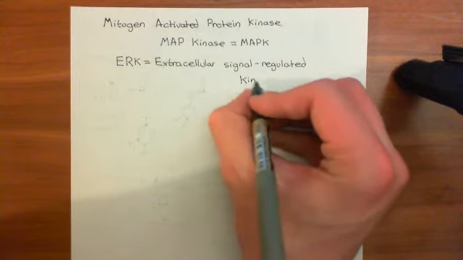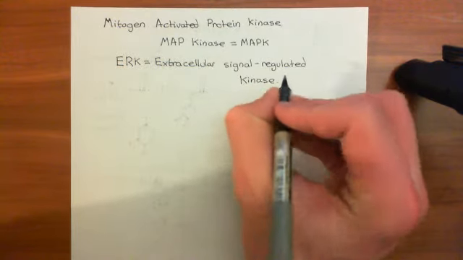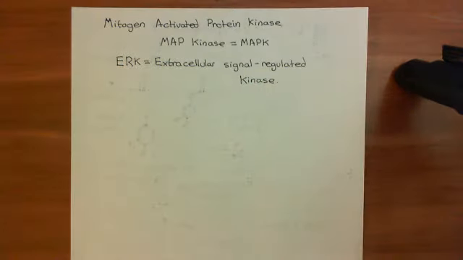So this is the extracellular signal regulated kinase. So when people refer to this enzyme, often they will say MAP kinase ERK, okay, and they will call this entire pathway involving MAP kinase ERK, they'll call it the MAP kinase ERK pathway.